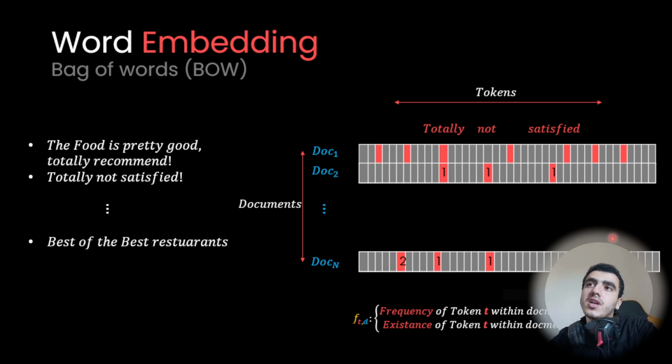Here this number indicates that the review "totally not satisfied" is represented within the second document by placing the digit 1 in these positions of the matrix. So this matrix holds the information of whether a token exists or not, or it can also count the number of occurrences of the token within the document. So we have two different ways.